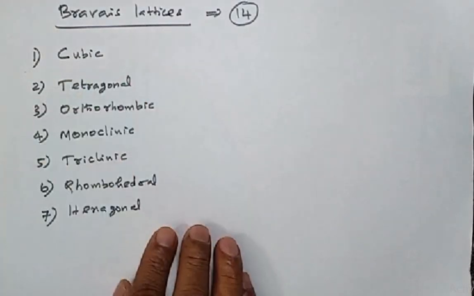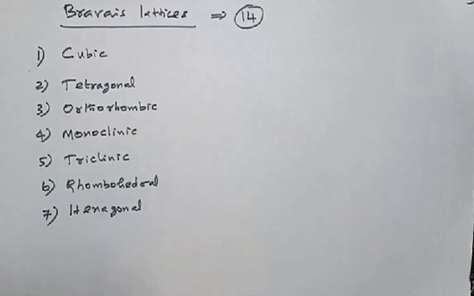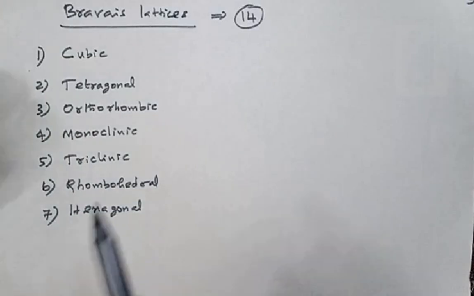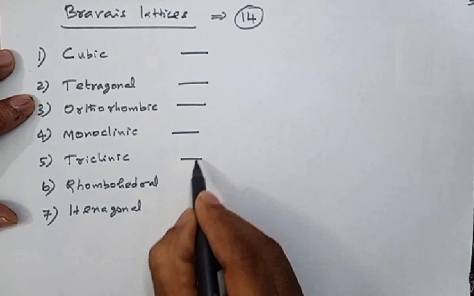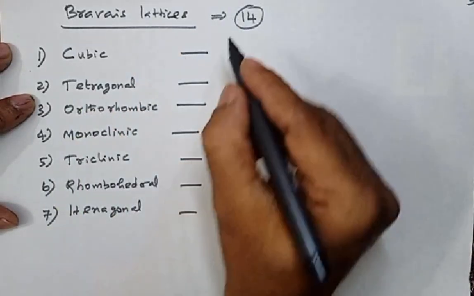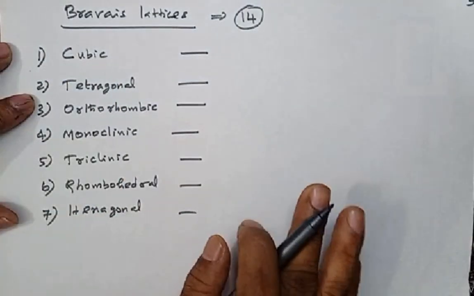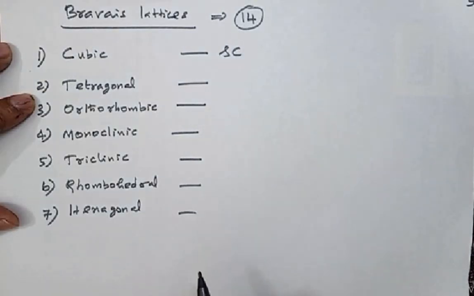Listen, these 7 types are based on the assumption that only simple unit cells exist. But now people have found non-primitive unit cells. So in each case, how many different types of unit cells exist? In all the 7 types, yes, we have simple, no doubt. Cubic, simple cubic unit cell is available.